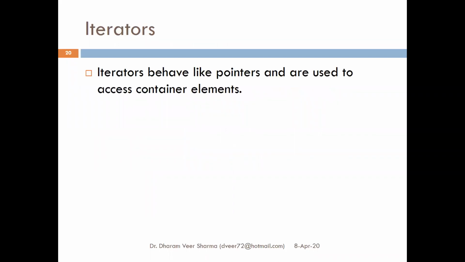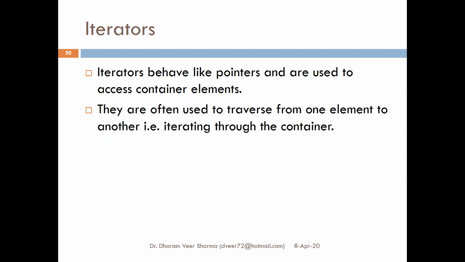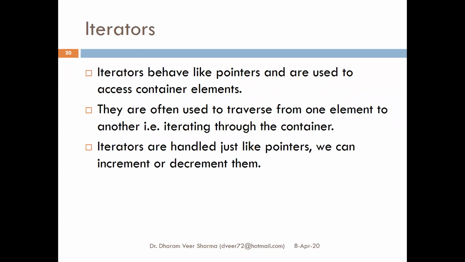Then we have iterators. Iterators behave like pointers and are used to access container elements. When you want to shift from one container element to another, we can use iterators. These are often used to traverse from one element to another. Iterators are handled just like pointers. We can increment or decrement them. Iterators connect algorithms with containers.